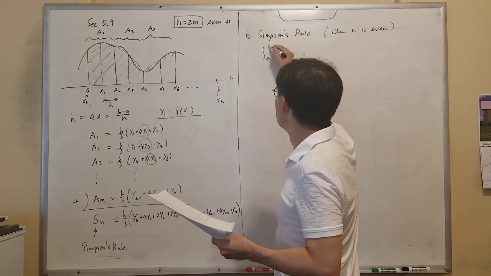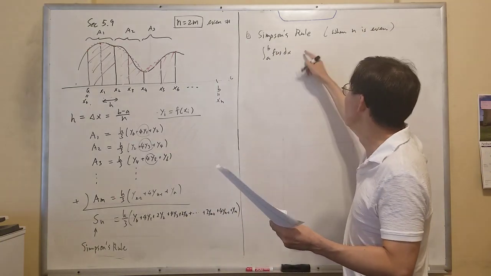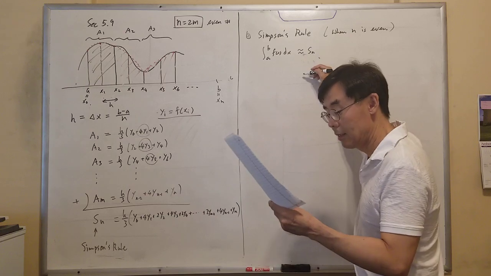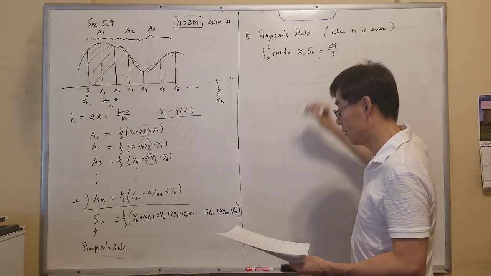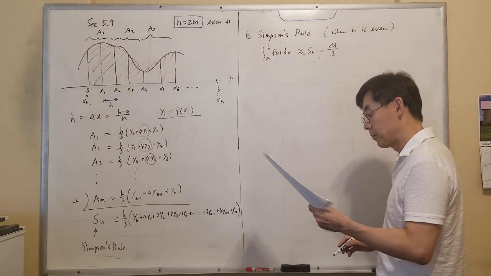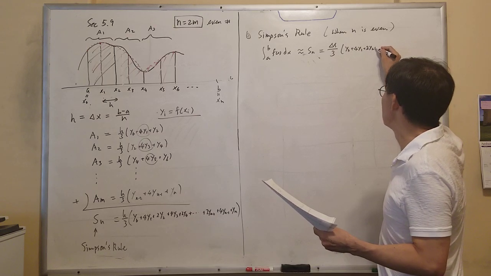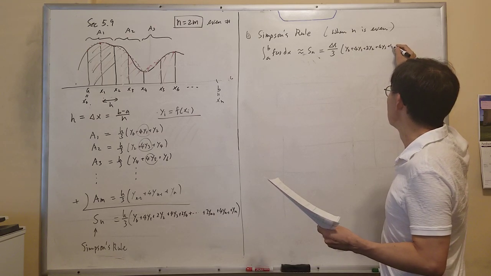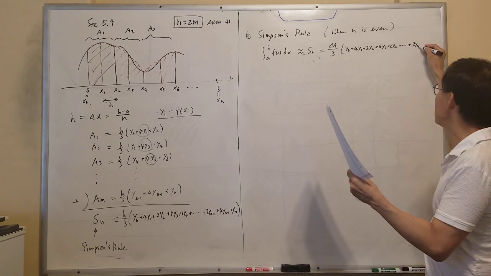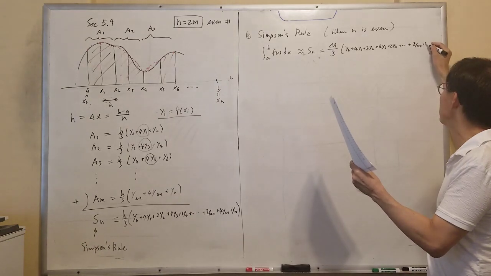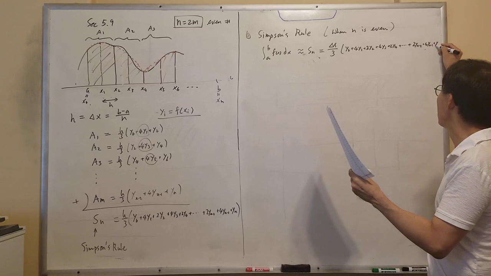Then your definite integral can be approximated by Simpson's rule: delta x over 3 times (y0, 4y1, 2y2, 4y3, 2y4, all the way to 2yn minus 2, 4yn minus 1, yn).